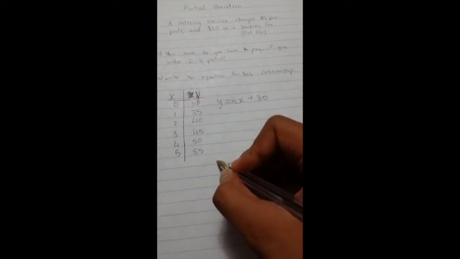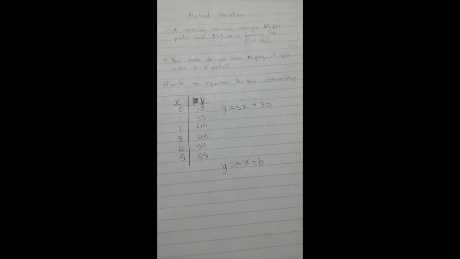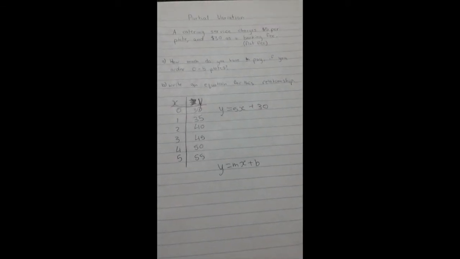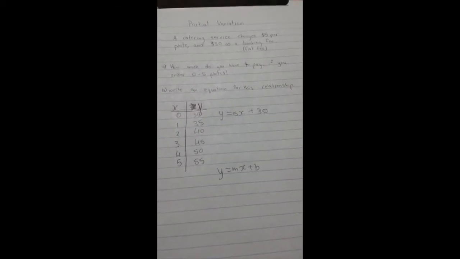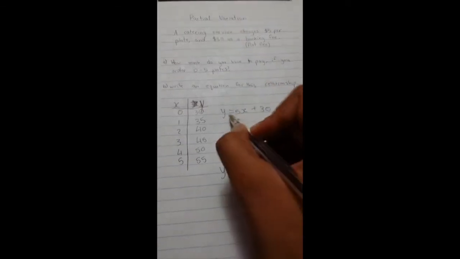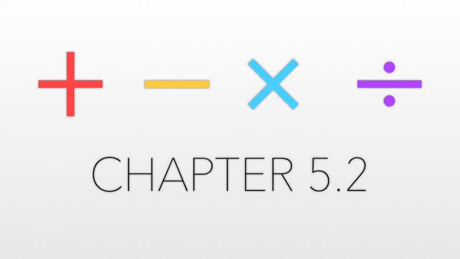The formula for a partial variation would be y equals mx plus b. M is still the slope, but b is now the flat fee that you have to pay. The equation for this problem would be y equals 5x plus 30.